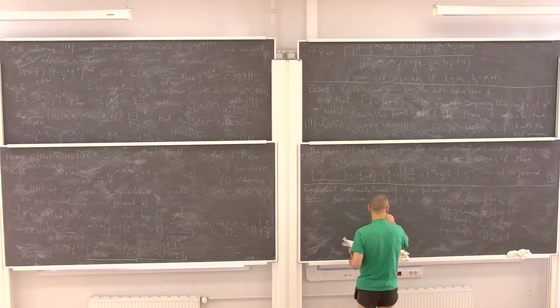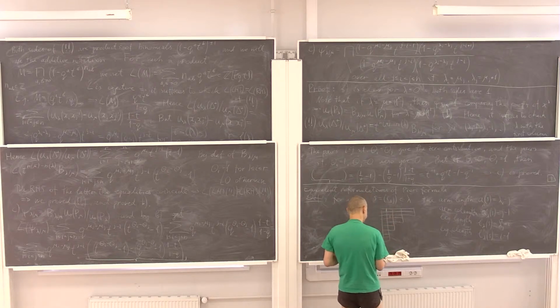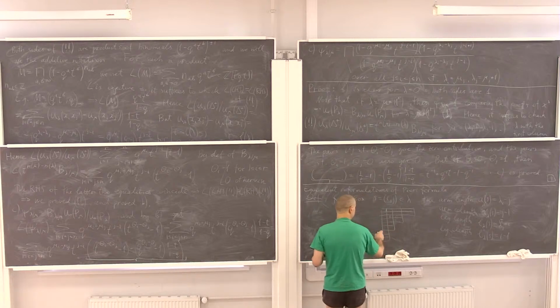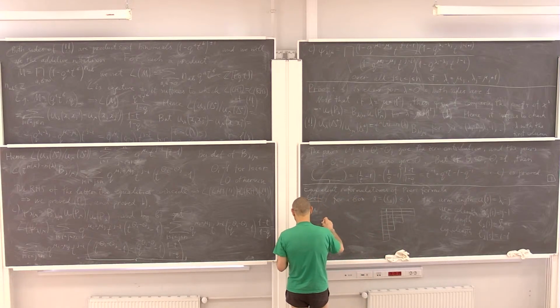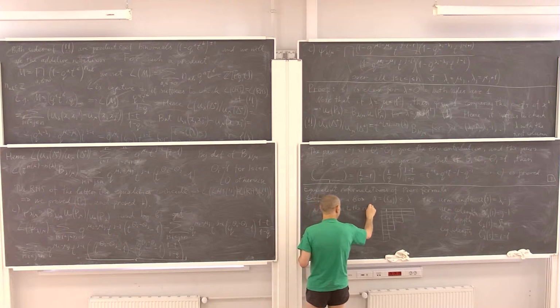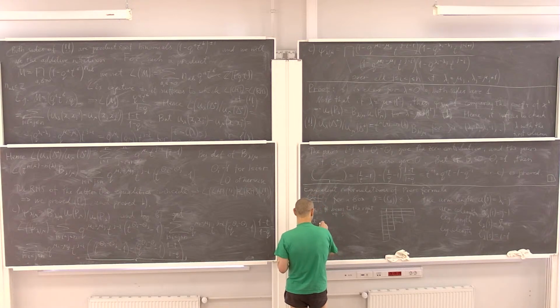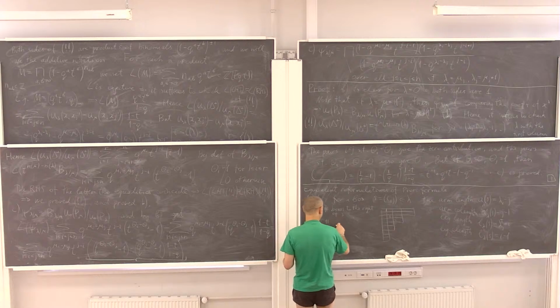So we have some box S, then A is the number of boxes to the right of S. A prime is the number of boxes to the left.